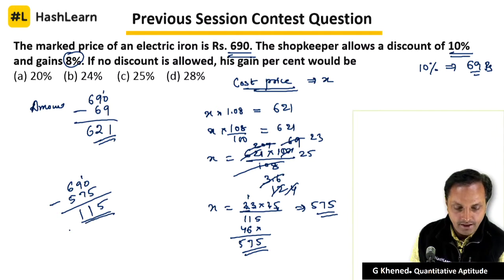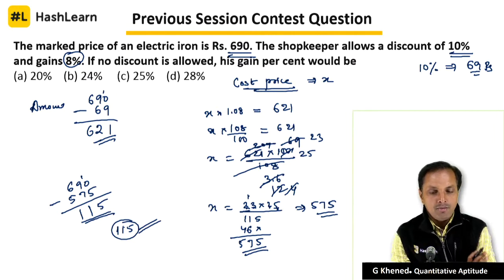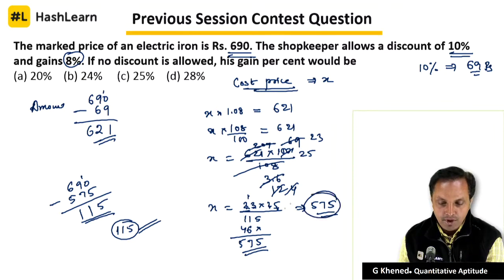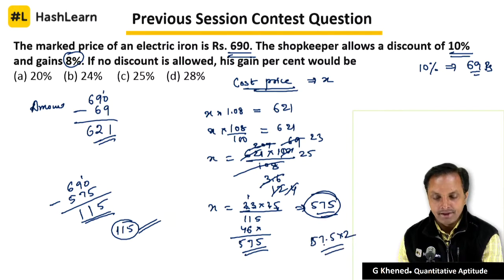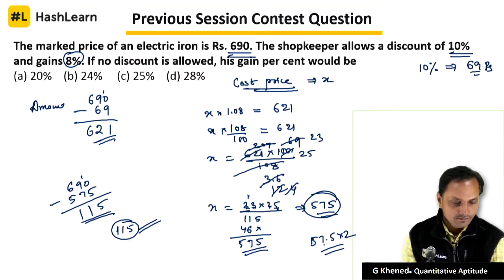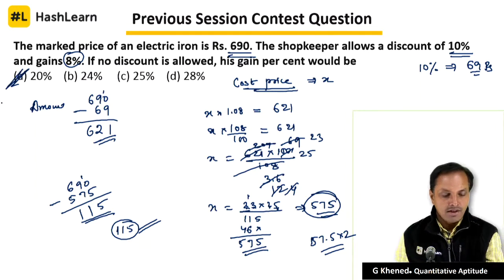So 115 will be the difference. So 115 rupees is the difference. So what will be the gain percent? You know that 57.5 into 2 rupees, if you do it twice, that will give you 115, which will be your option A.